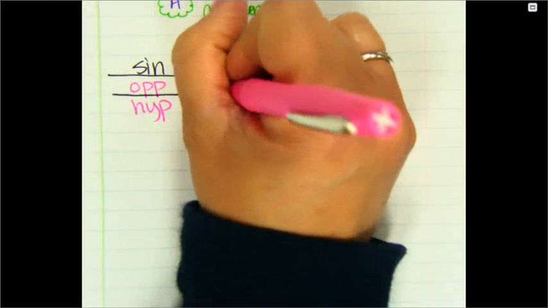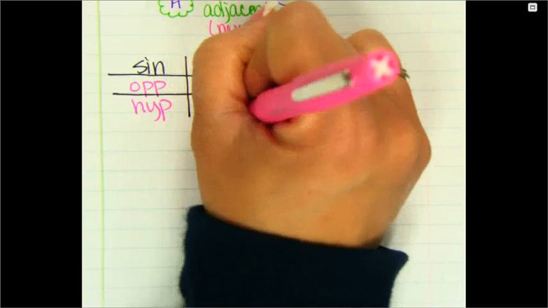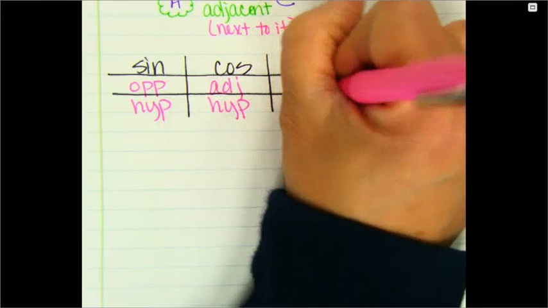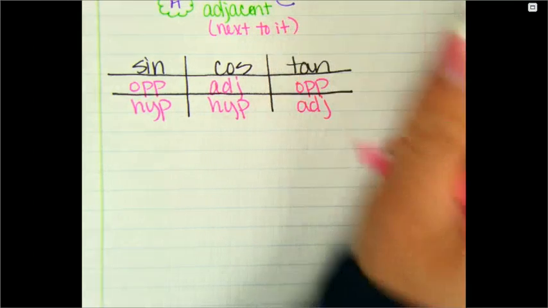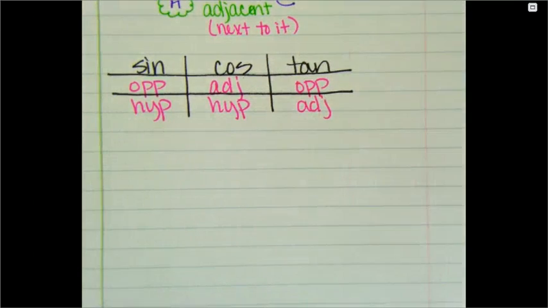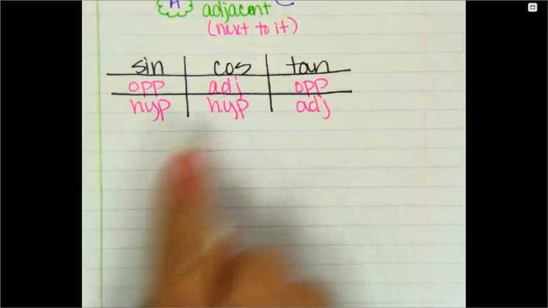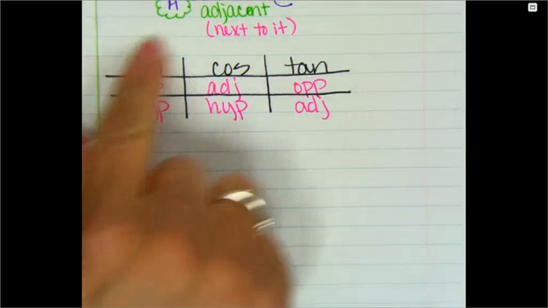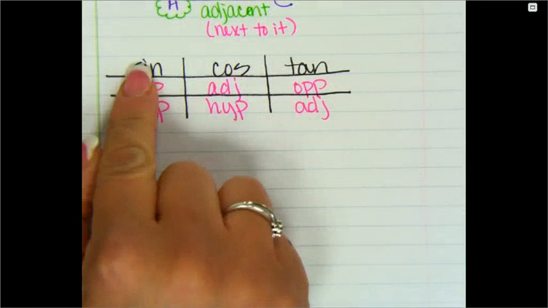Cosine is what? Good, adjacent over hypotenuse. And tangent? Opposite over adjacent. This is going to help me set up my problem in the next thing. Do you understand? So this is easier to memorize than the top part. The top part was just explaining, but this is easier to memorize.